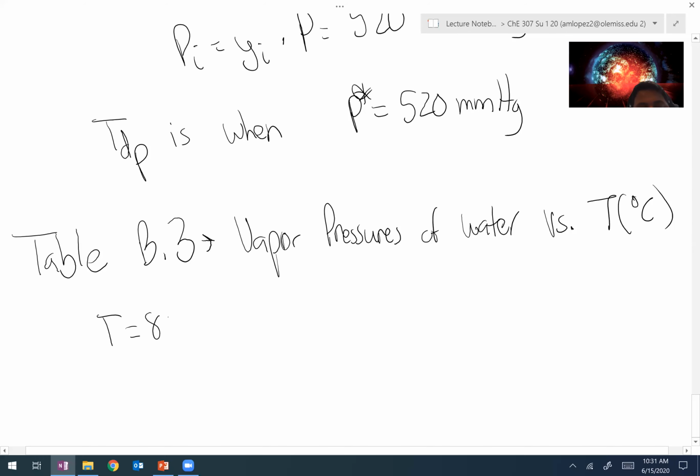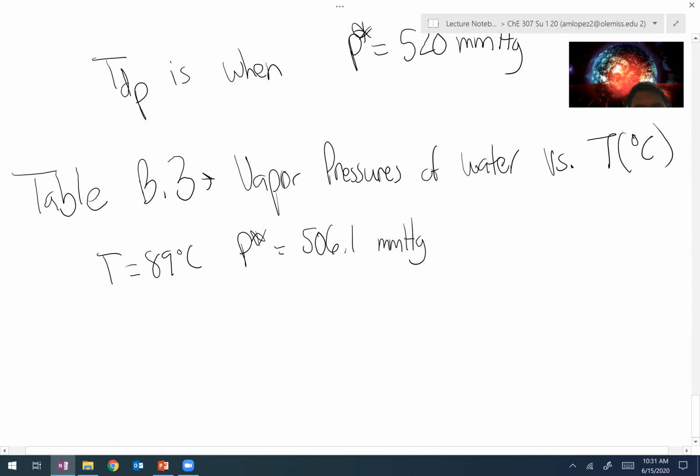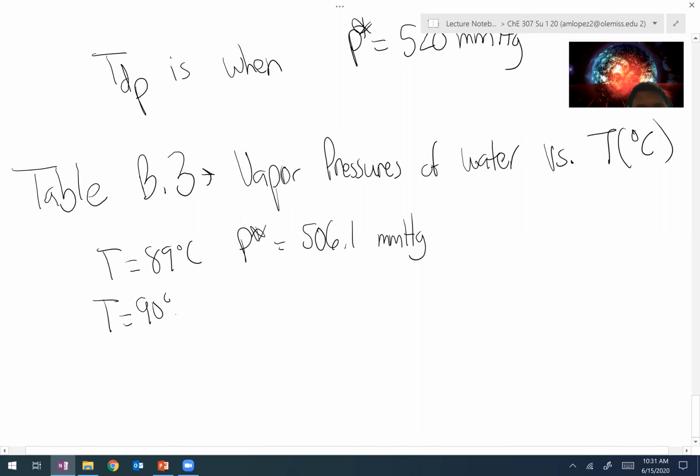So when T is equal to 89 degrees, P star is equal to 506.1. And when T is equal to 90 degrees, P star is equal to 525.76 millimeters of mercury.